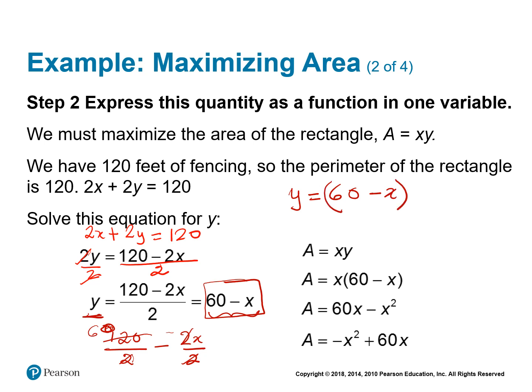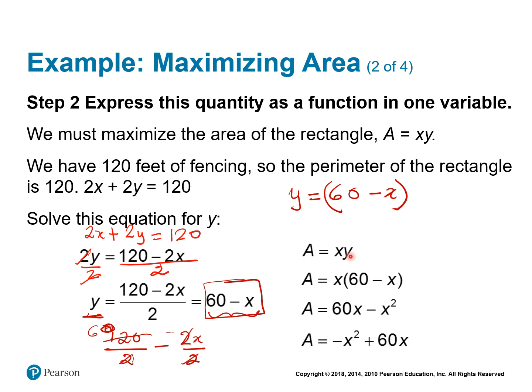That's an expression to evaluate y in terms of x. Now we are going to use the formula for the area to come up with an equation. Area equals x times y. We want everything in a single variable, so we are going to replace y with 60 minus x in the formula for the area.